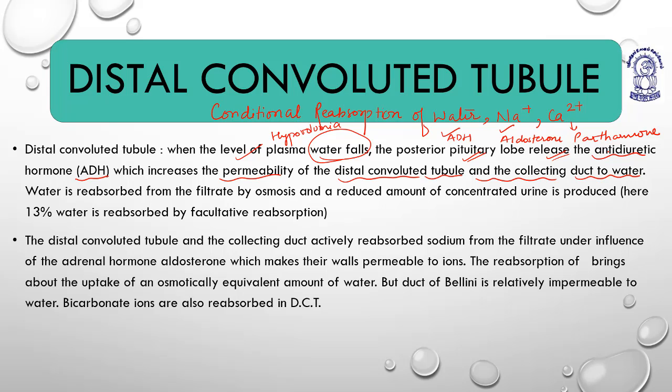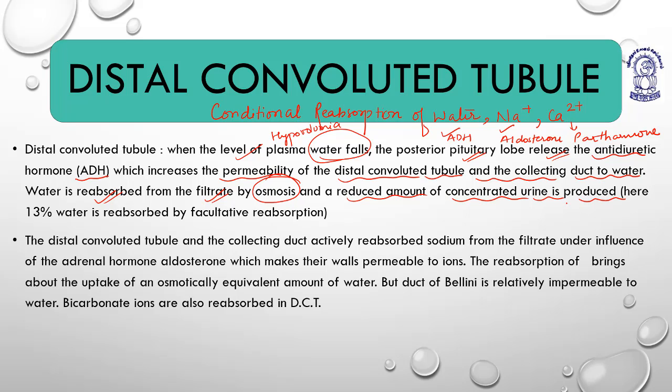So permeability towards water is altered for the distal convoluted tubule and the collecting duct. Understood? Water is reabsorbed from the filtrate by osmosis, and a reduced amount of concentrated urine is produced. Meaning hypertonic urine is produced.